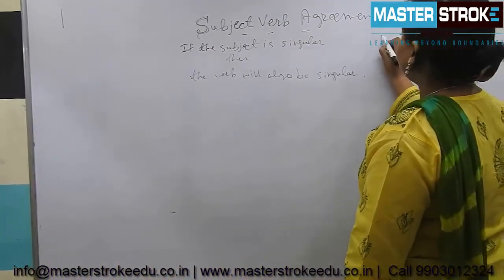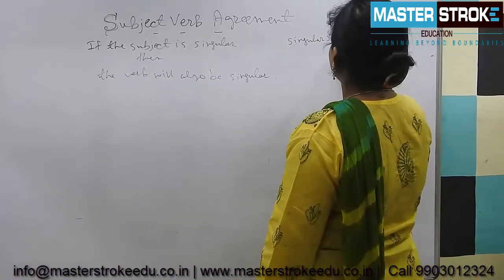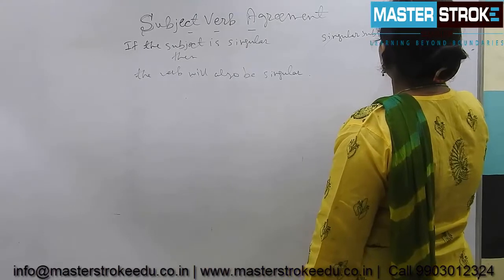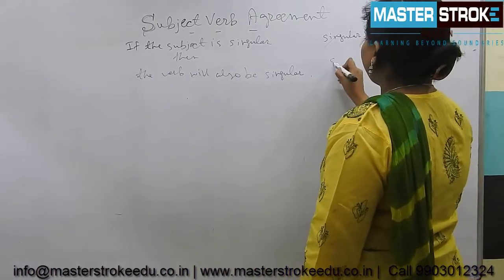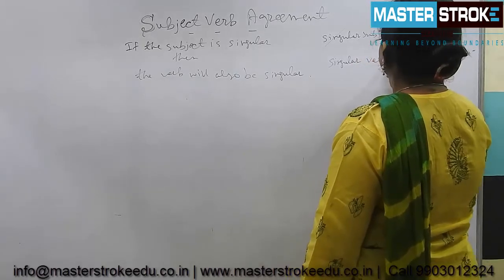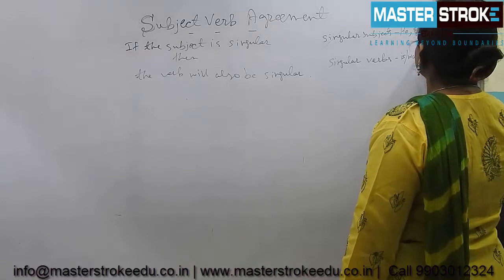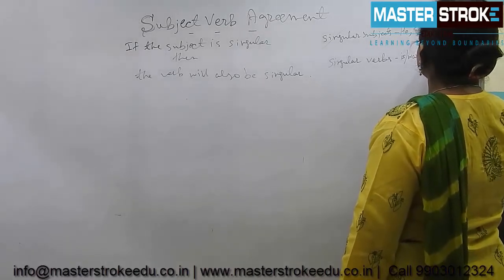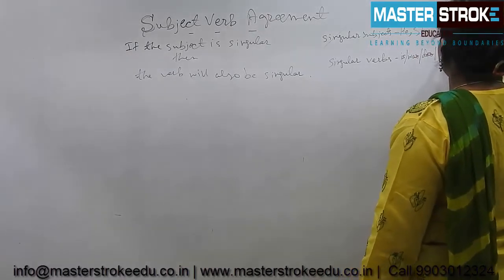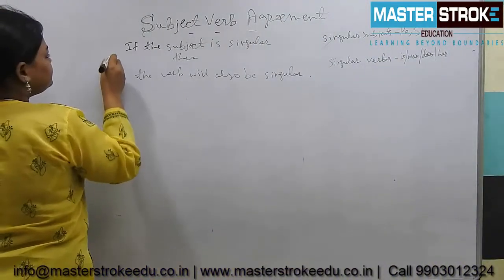So let's look at the singular subjects. Singular subjects will be he, she. And let's come to singular verbs after this. Singular verbs will be is, was, does, and has.